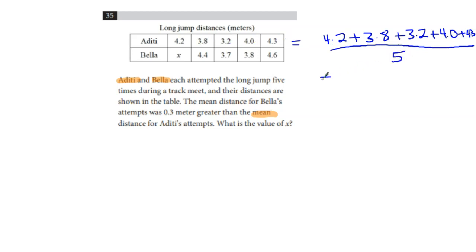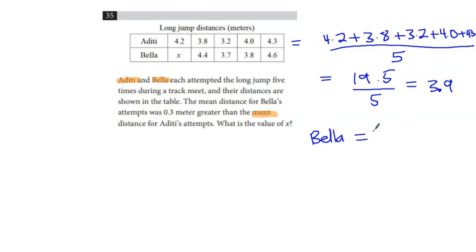So 5. This is calculator active, so you can use a calculator to go quick. You add all of them up, you get 19.5, and you divide it by 5. That gives you 3.9.